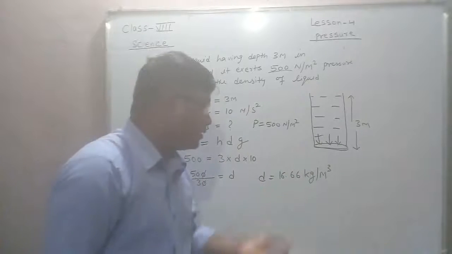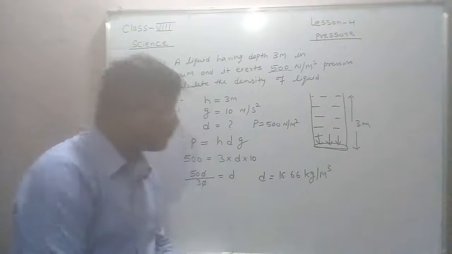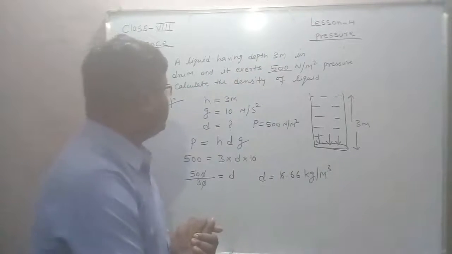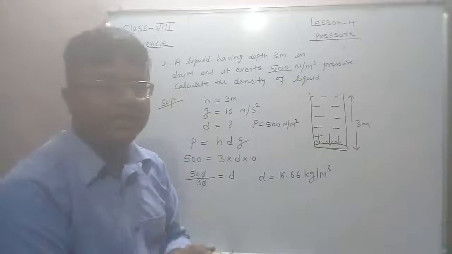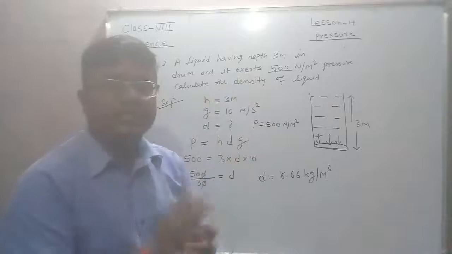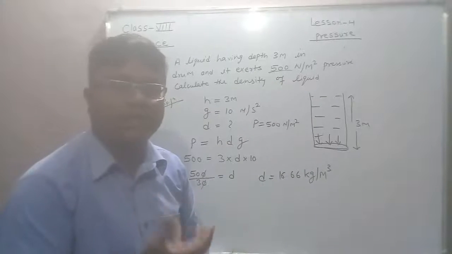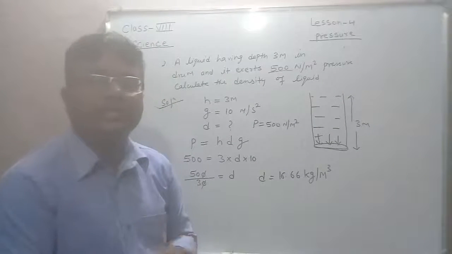I have written just 2 digits. Let's see once again. A liquid having depth 3 meter in a drum. There is a drum whose height is 3 meter and liquid is filled there, and that liquid is exerting a pressure of 500 Newton per square meter on the base or bottom of the drum. We need to find the density of that liquid.